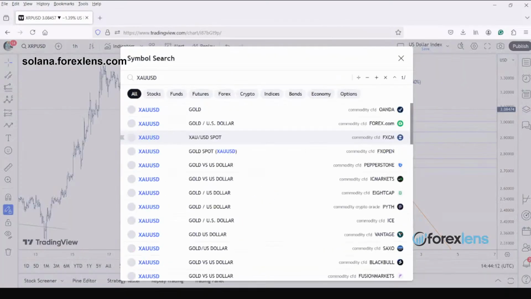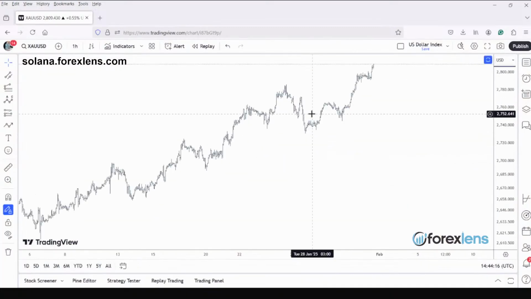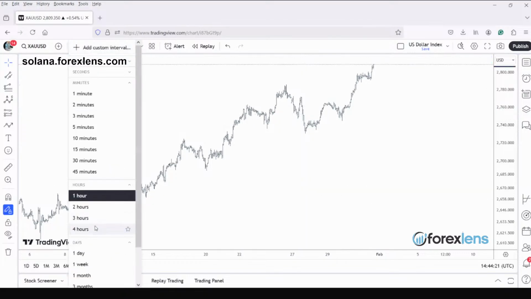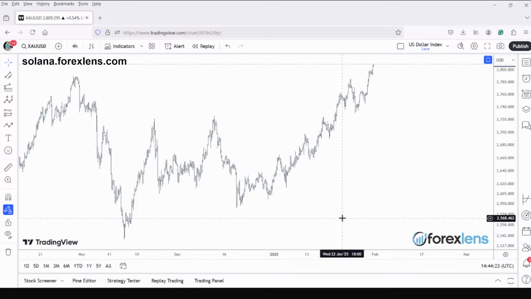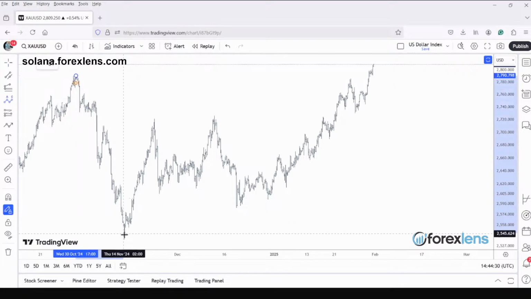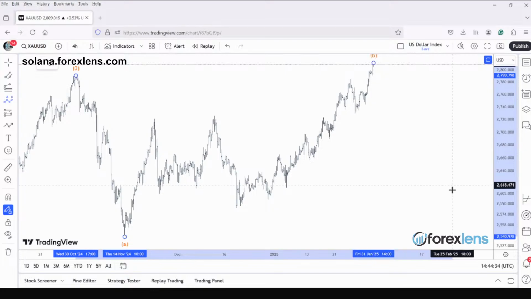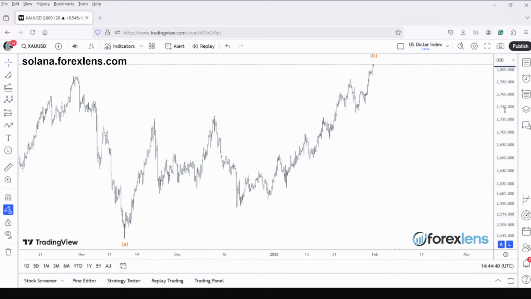And now we'll be looking into gold. Okay, so the story in gold has already confirmed, but we are reconfirming it. The story in gold is ABC.